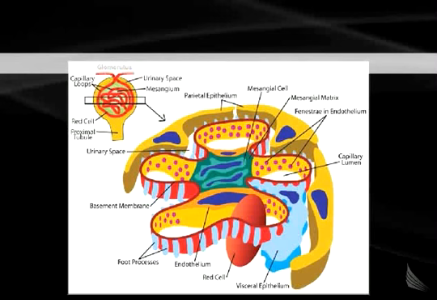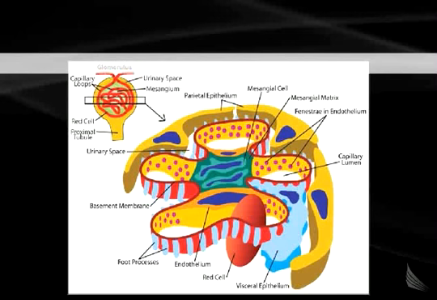So as the filtrate passes from the capillary, it goes through the fenestrated endothelium, it passes through the basement membrane, and then through the foot processes, or adjacent to the foot processes, into the urinary tract proper. And that then becomes the urinary part of the glomerulus, and that's how it functions.